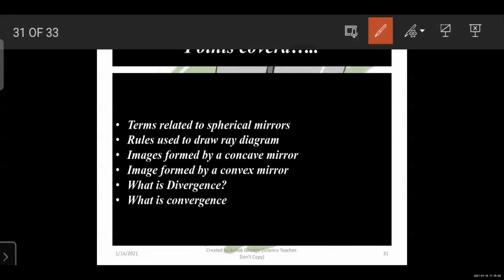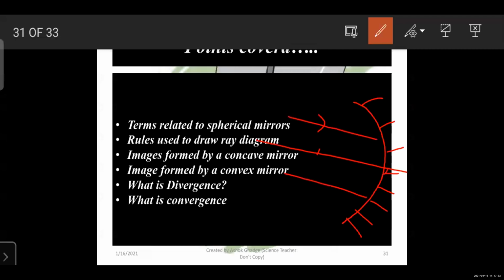Convergence is shown by concave mirror, when the rays reflect, they meet, and that phenomenon is called convergence of rays.